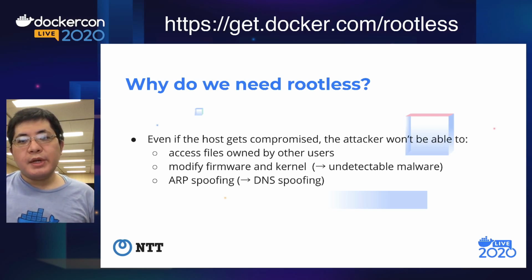The attacker may still gain access to an unprivileged user by exploiting vulnerabilities, but even in that case, the attacker cannot access any file owned by other users. And also, the attacker cannot modify kernel or firmware or any system files. And also, the attacker cannot do ARP spoofing or DNS spoofing.